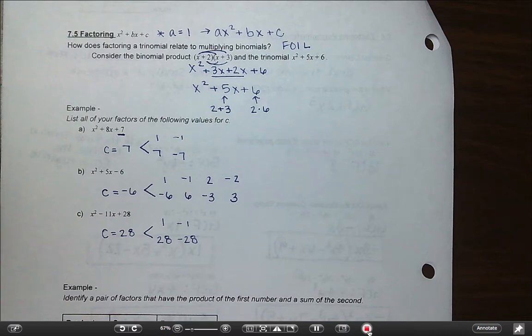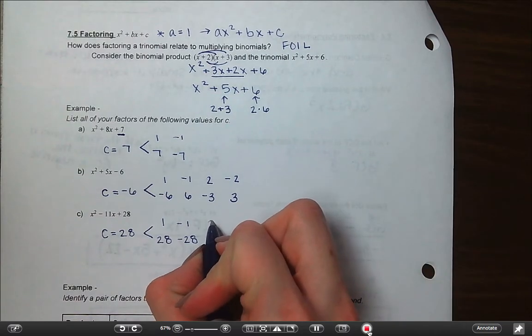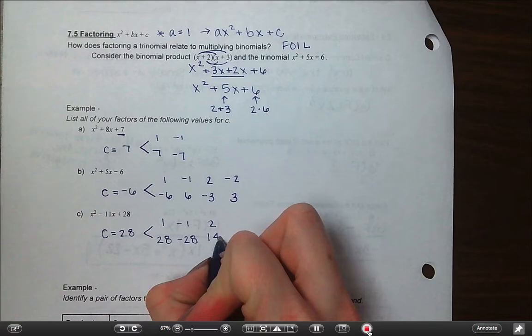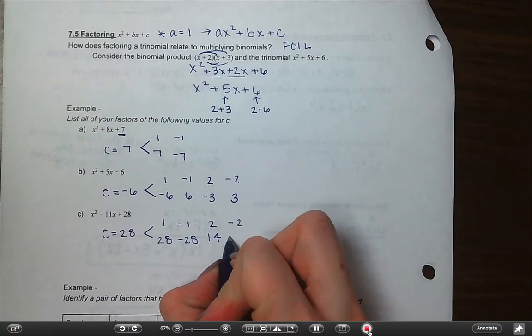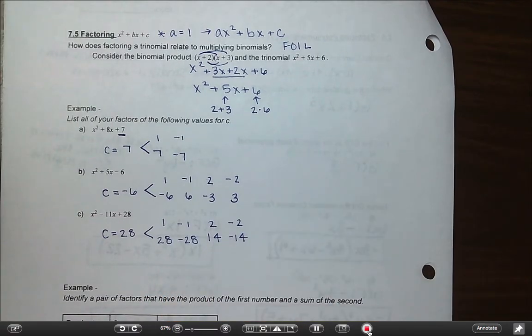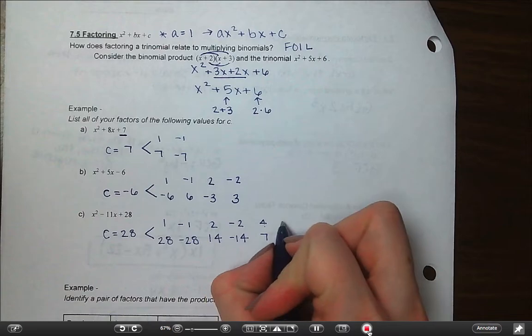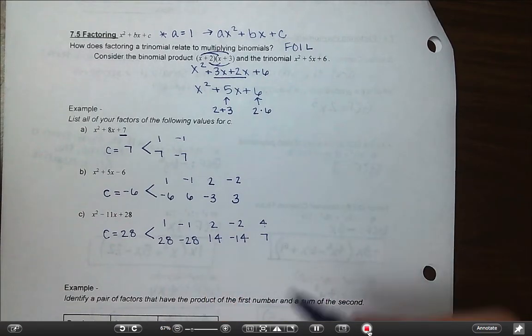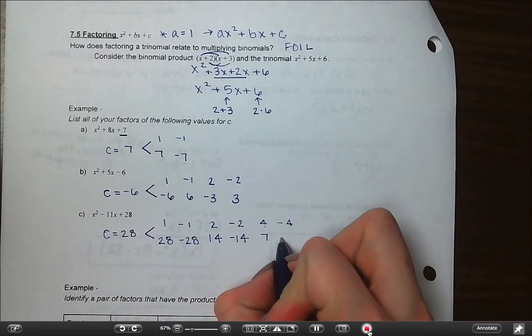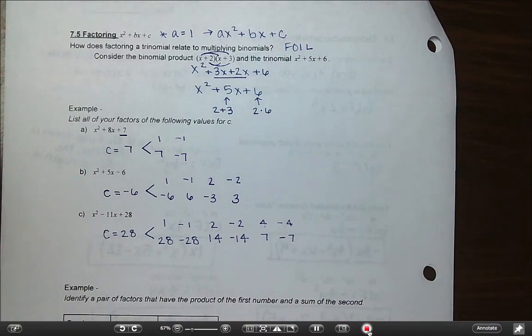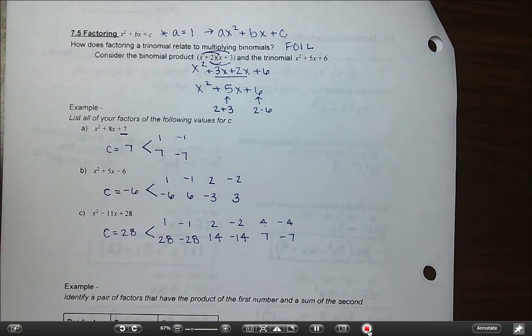Our next number that divides 28 is 2 and 14, which means we have negative 2 and negative 14. Okay, checking 3. 28 divided by 3 is a decimal, so that doesn't work. 28 divided by 4 is 7. If we have 4 and 7, we have negative 4 and negative 7. And 5 doesn't go into 28, and neither does 6. So there's all of our factors.